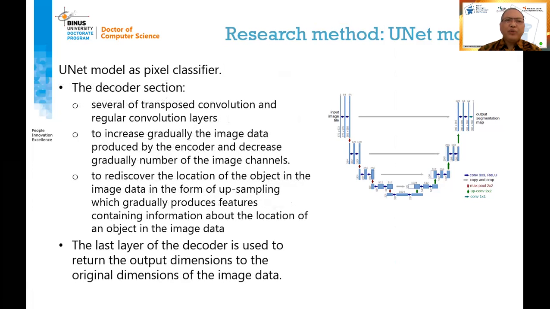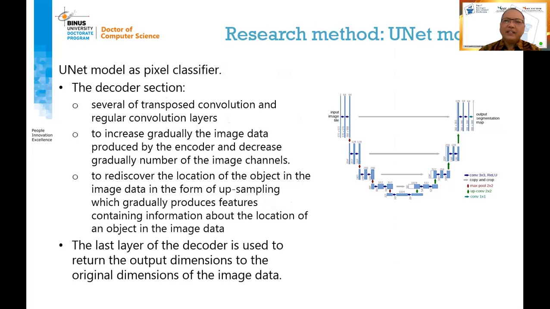The second part of UNET models is called the decoder section. So basically, it increases the size of the image data produced by the encoder and gradually decreases the number of image channels. So it's quite in contrast with the encoder.